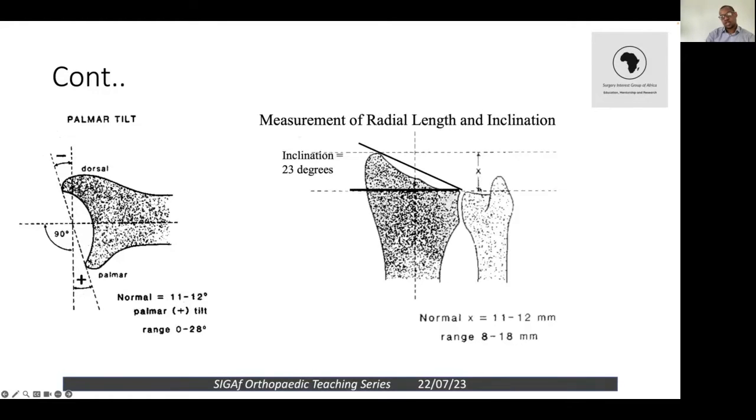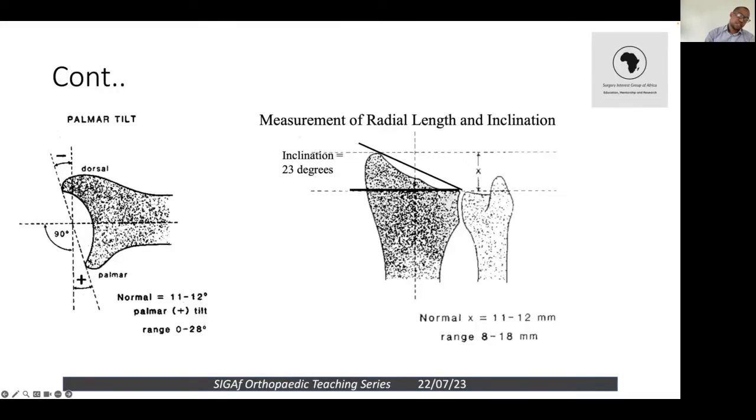That distance is usually about 11 millimeters. And then we have the radial inclination, which is an angle from the tip of the radial styloid to just about there, if you draw a transverse line. The angle you're looking at should be about 23 degrees.